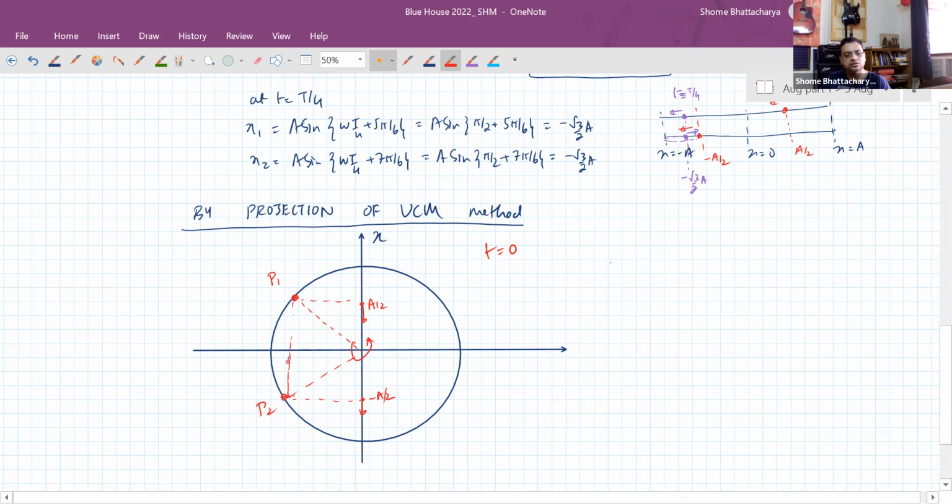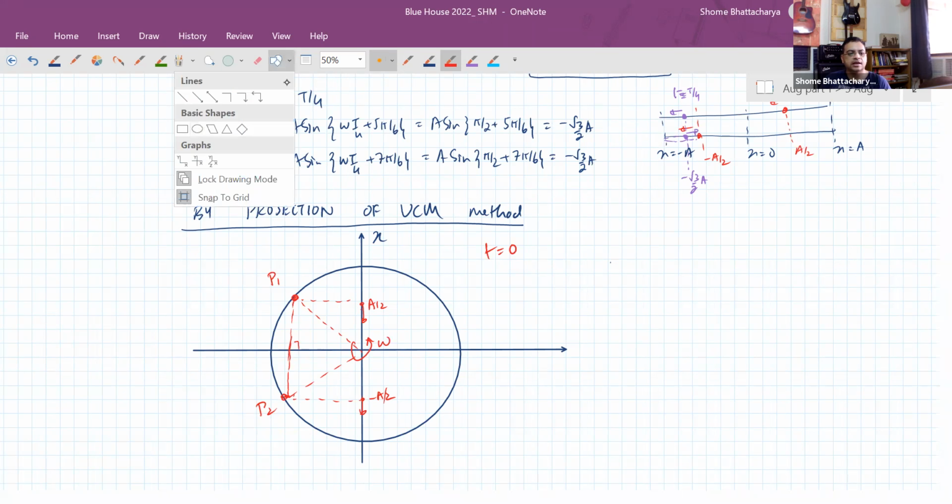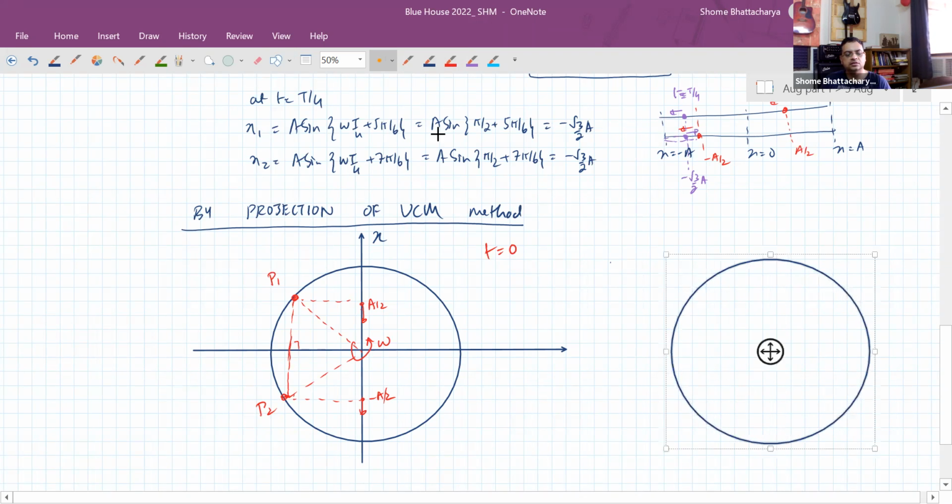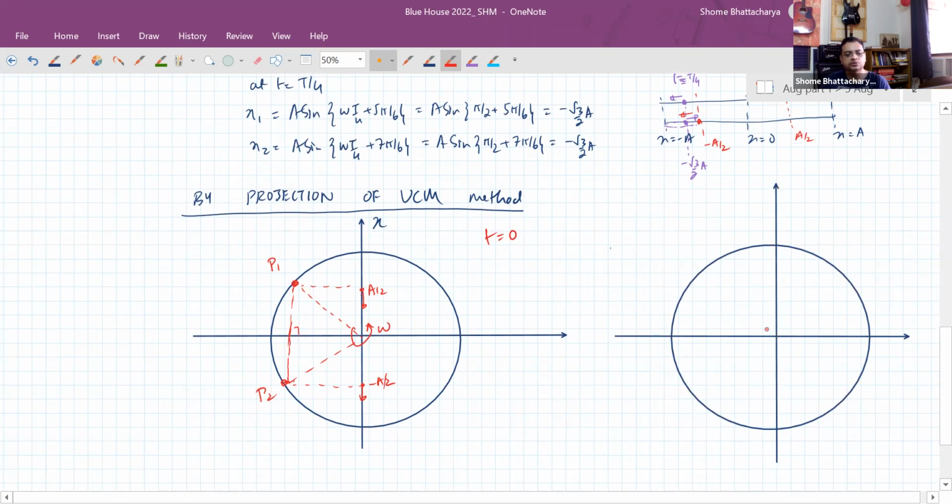In fact, if you draw this, this will be a vertical line over here properly. Okay. Now see what is going to happen, because they have a common value of omega now. As you visualize the uniform circular motion of the two particles, you'll realize that the line joining them always remains the same chord. It's just the position of that chord that changes.